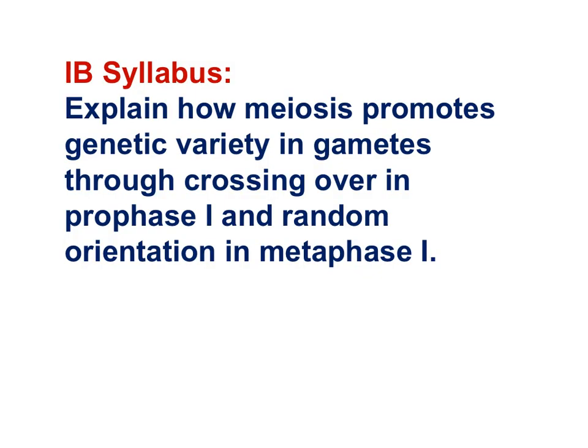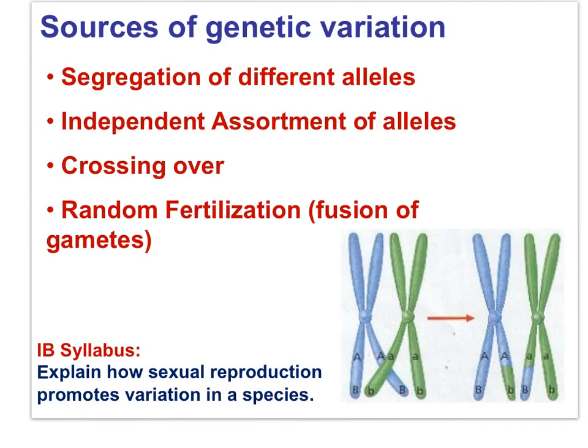So here's the IB syllabus statement to which you need to be able to respond. Explain how meiosis promotes genetic variety in gametes through crossing over in Prophase I and random orientation of chromosomes in metaphase I. Hopefully, you have good control of this statement. Here is a summary of the genetic variety that arises from sexual reproduction.